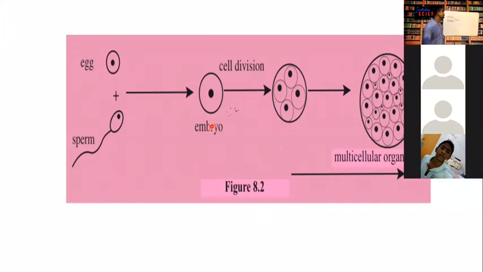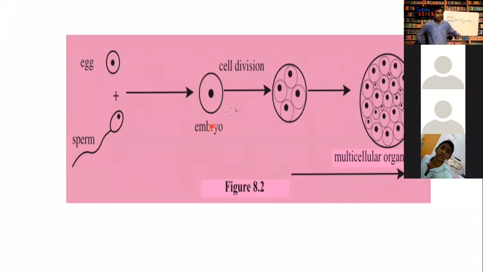I will give you a clue. Start with Z. Zygote. Yes, very good. So the initial cell we call the zygote. Zygote is the first cell formed between egg and sperm together.